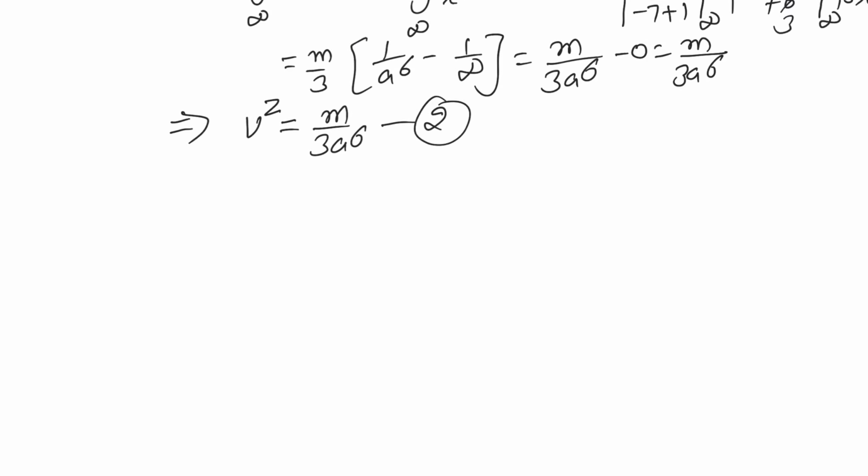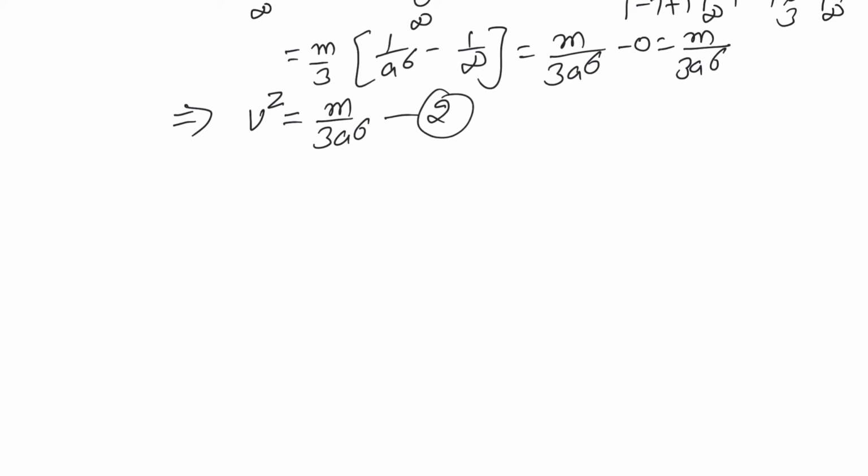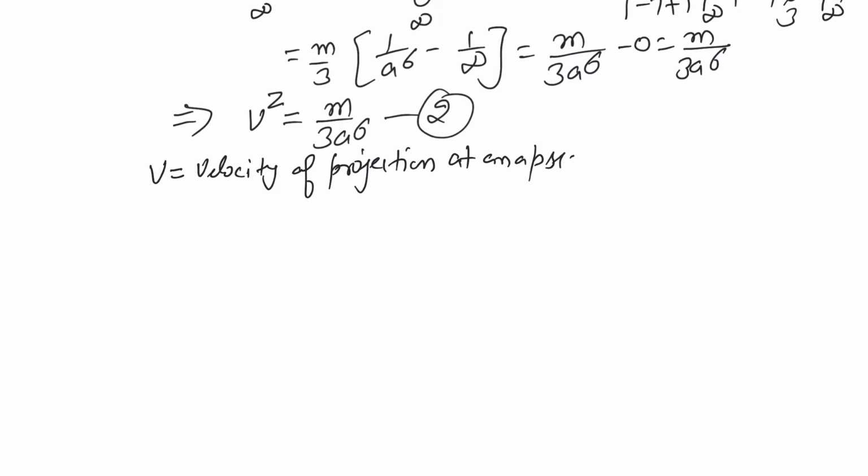Now this velocity is the velocity at the apse, and this could also be the velocity of projection. If something is starting from the apse, then that could be the velocity of projection at an apse, which is the square root of m by 3 a^6.